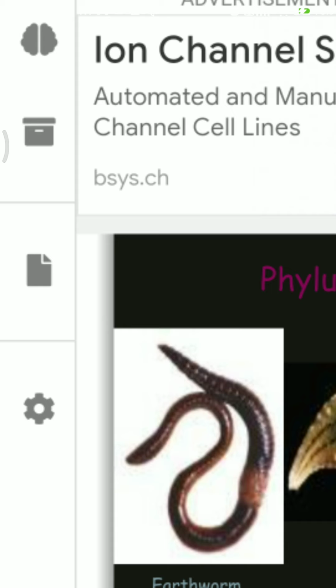So they have two openings like nematodes, but they have a segmented body and nematodes have a non-segmented body. So this is the difference between both: nematodes have an unsegmented body and annelids have a segmented body.